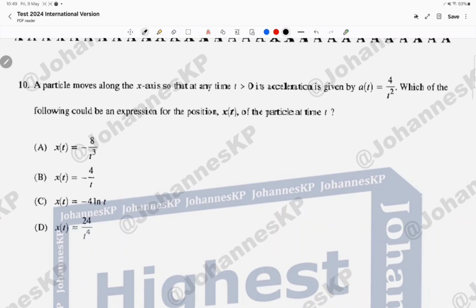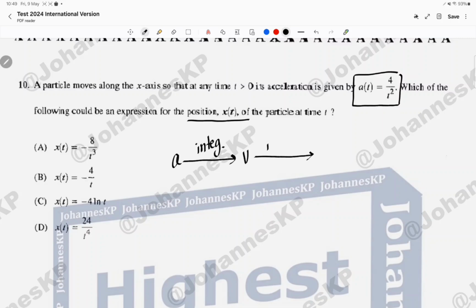Question 10. A particle moves along the x-axis, so at any time t more than 0, this is the acceleration equation. You want the position. Do you know how to get position from acceleration? Not yet? You have to integrate one time to get velocity. You have to integrate a second time to get distance. We have to integrate twice.